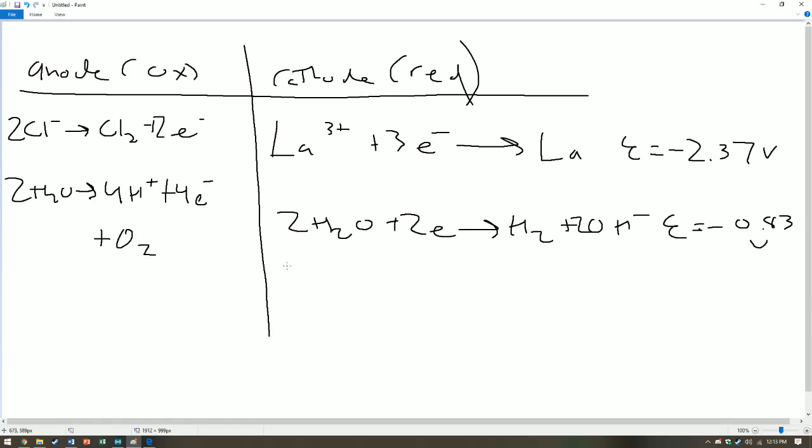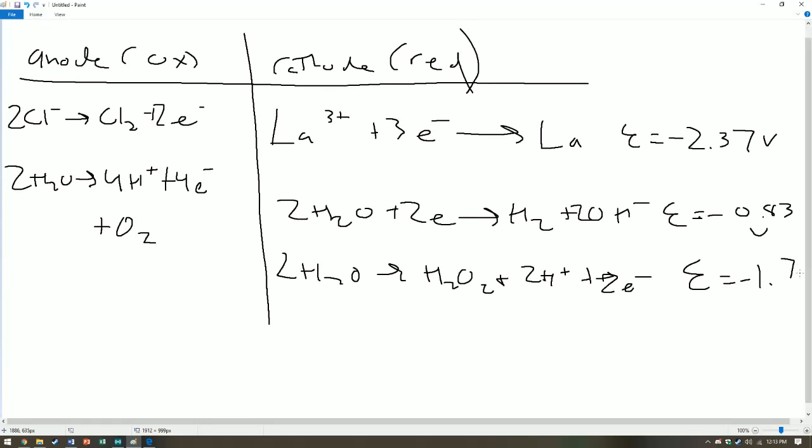The other one we could consider here is H2O2 plus 2H plus 2 electrons, and this one has a potential of negative 1.78 volts. Now, in practice, you'll almost always just consider this one, and you'll never really think about that one.